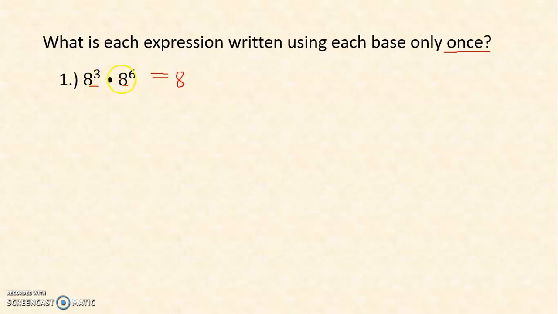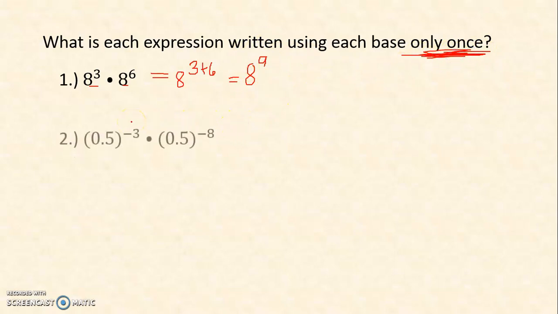And then what are you going to do with the exponents? You're going to add them. So 3 plus 6 is equal to 8 raised to 9. We're just going to end up here because of the question.